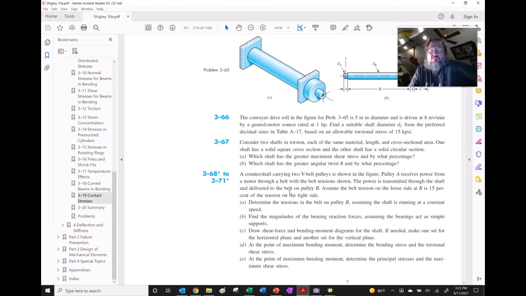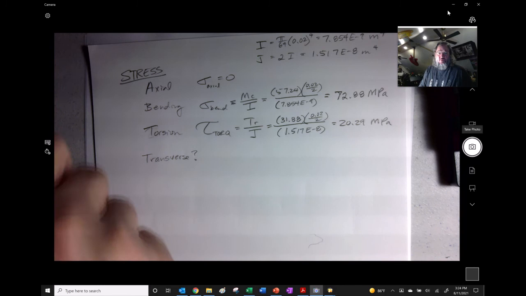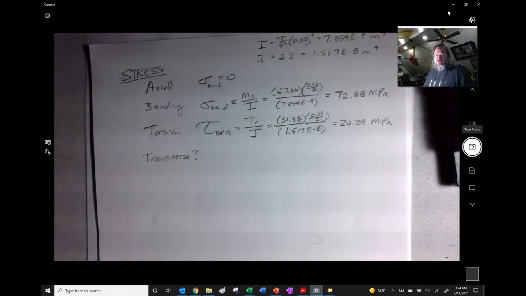Power is transmitted, determine the reaction forces, draw a shear moment diagram if needed, one set of horizontal planes and vertical planes. At the point of the maximum bending, determine the bending stress and the torsional shear. Yeah. Didn't really say to ignore the transverse shear, but I'm telling you to ignore the transverse shear.